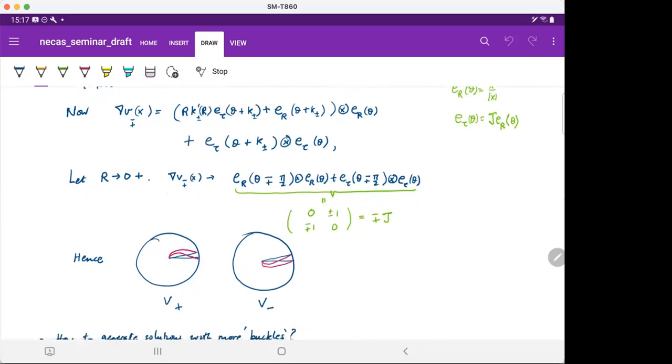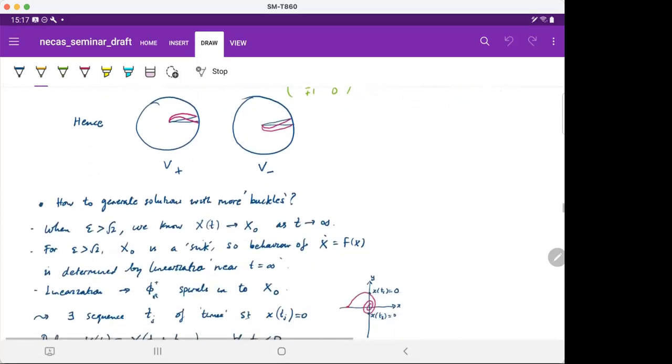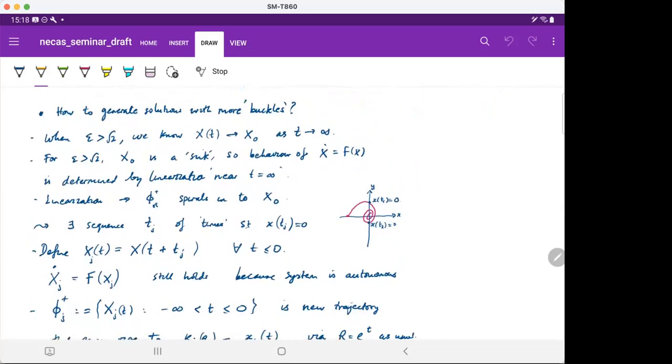Okay, so that's a single buckle solution. That's essentially the simplest possible solution. How do you generate solutions with more buckles? Well, this is where you use the heteroclinic in all its glory, as it were.